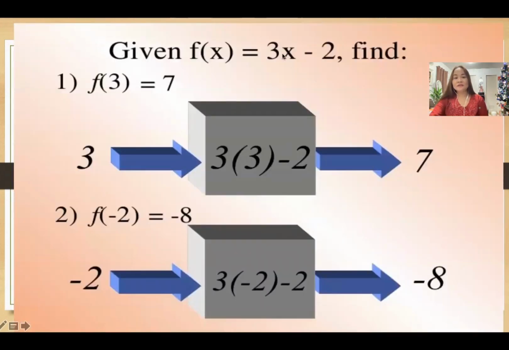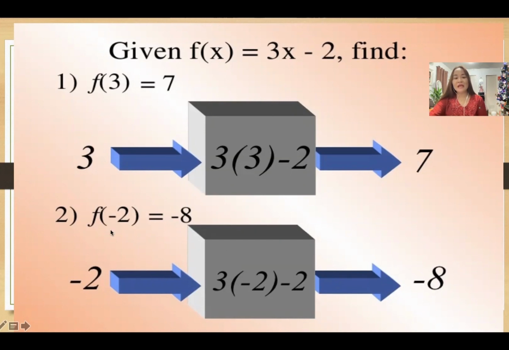y or f of x equals 3x minus 2. Find f of 3. Simply substitute the value 3 for the variable x. So 3 times 3 is 9, minus 2, we have 7. So the input goes through the process, and the output is 7.